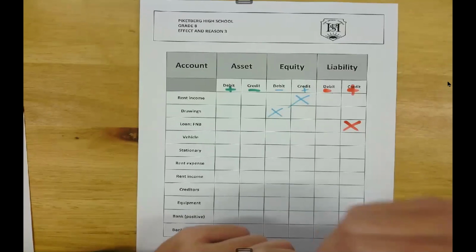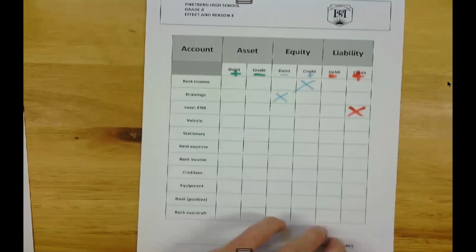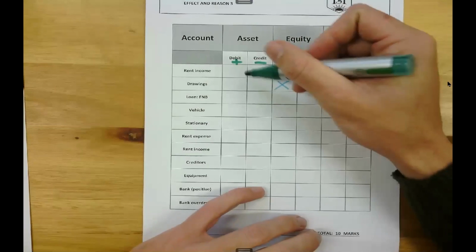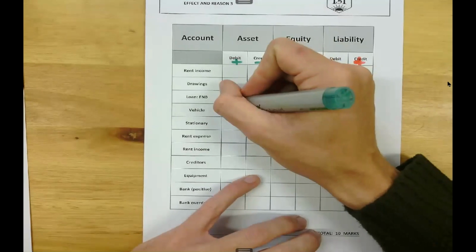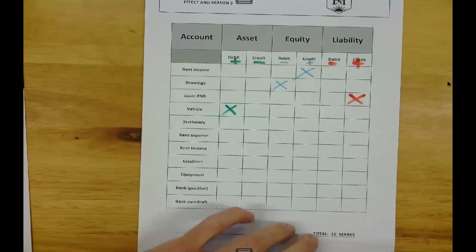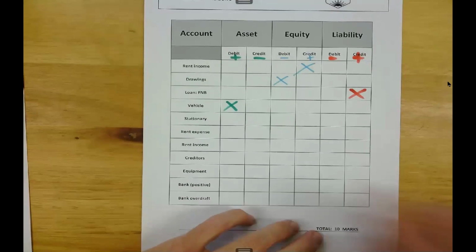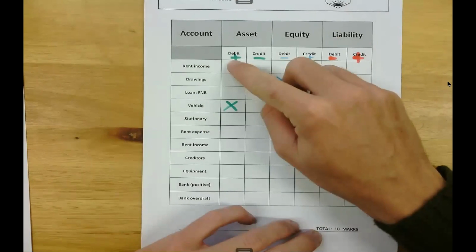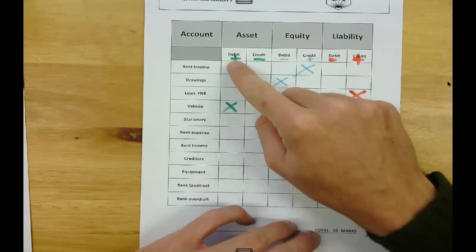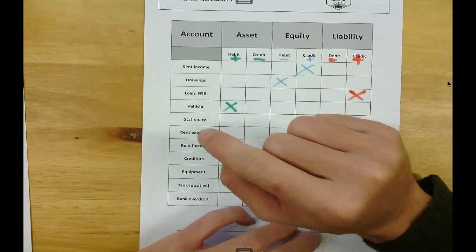The next one, vehicles. Vehicles is an asset, and assets are increased on the debit side. Do you see that? It makes your assets more, so it gets in the column that says plus, and it pluses on the debit side.